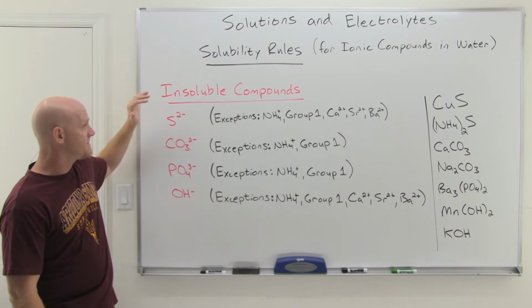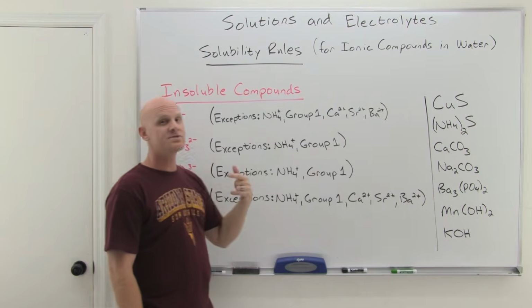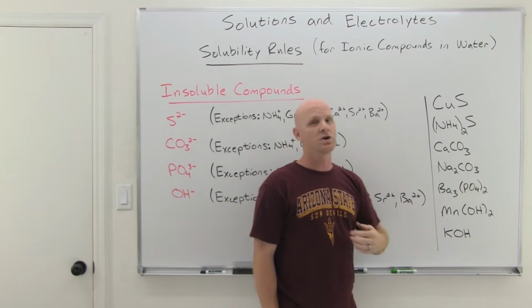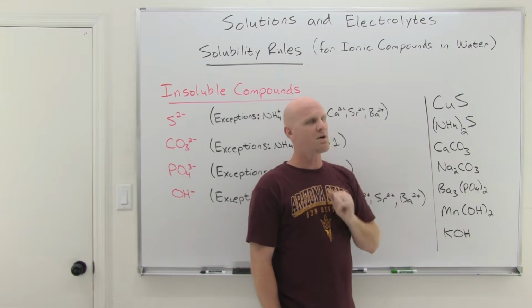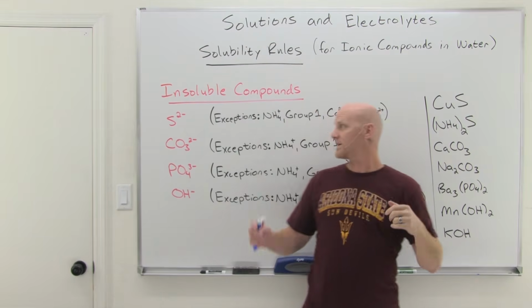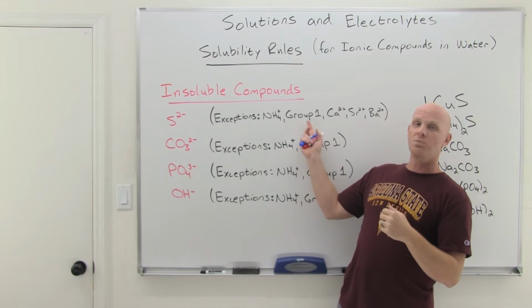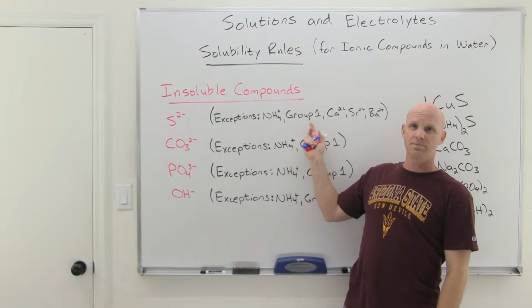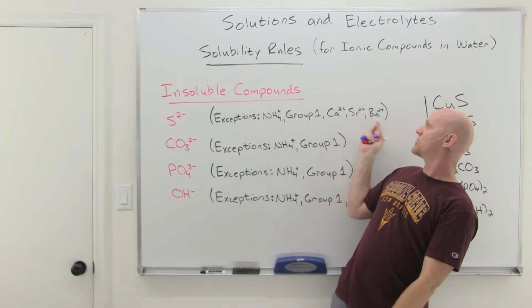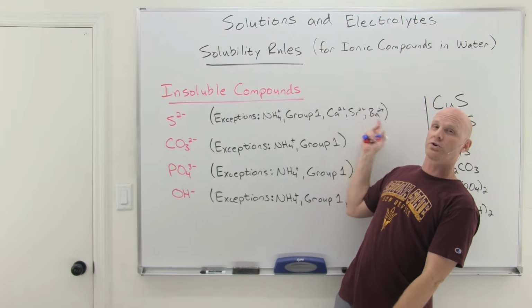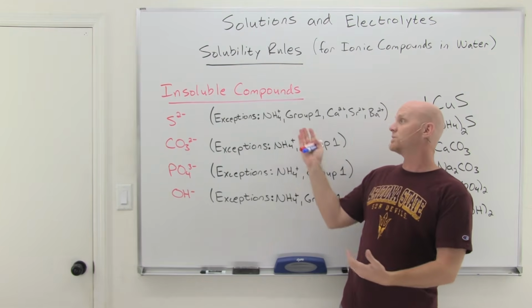All right, so first thing we should notice, like when we see sulfide, again, sulfides are notoriously insoluble. And so you should think, oh, sulfides are probably going to be insoluble. But the exceptions include ammonium, group 1, which again is lithium, sodium, potassium, rubidium, cesium, and then some of the group 2s here, calcium, strontium, and barium, some of the bigger group 2s are the exceptions and would be soluble.